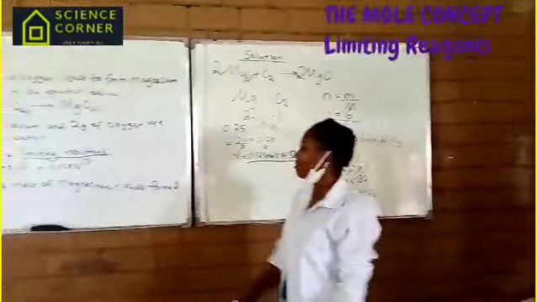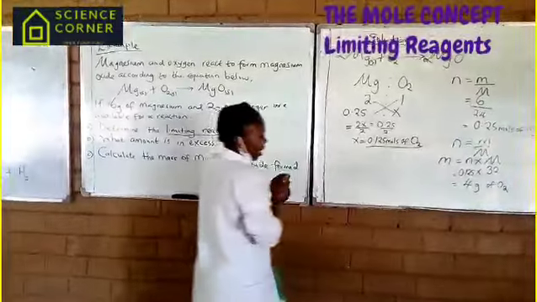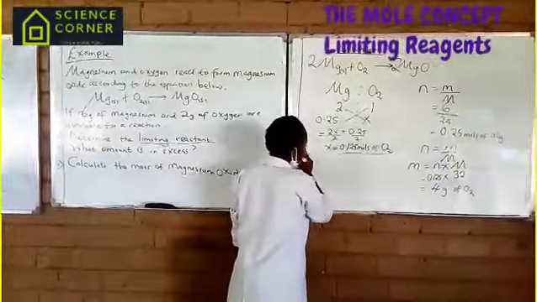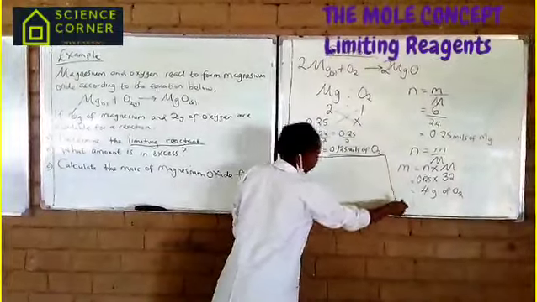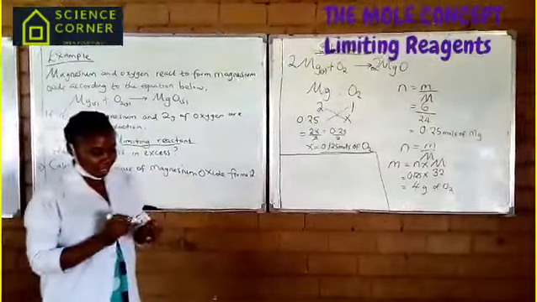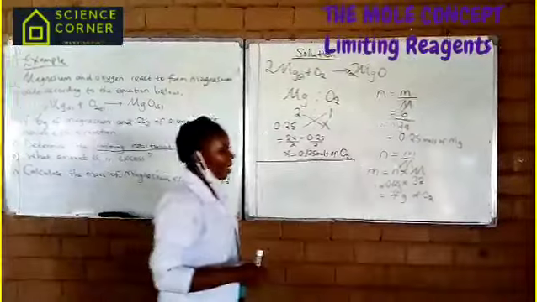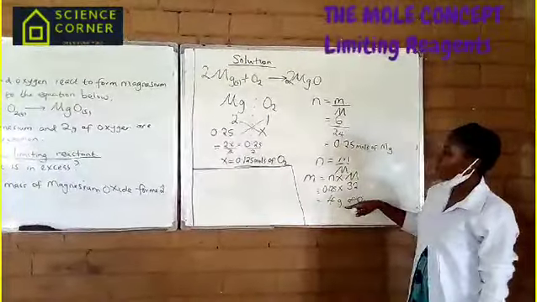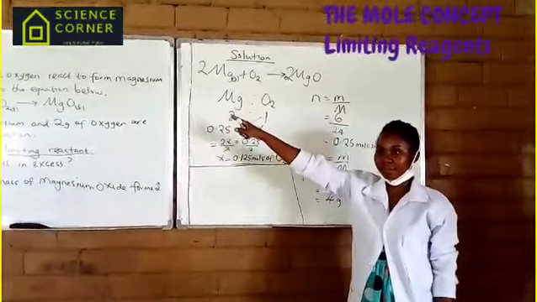Okay, so for us now to determine the limiting reactant, what you simply do is this. You compare the calculated mass with what was provided in the question.